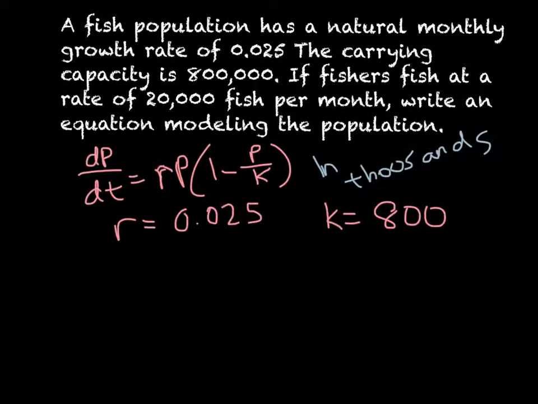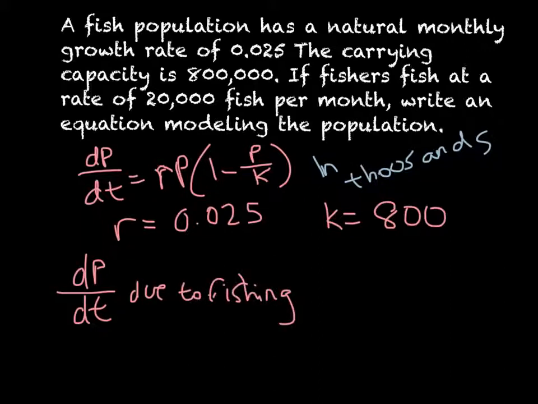Okay, so right now we have a model for how the population would grow without any external forces such as the fishers. If we were to factor in the fishers, so I'm going to write dp dt due to the fishing, that would equal negative 20, because the rate of decrease of the population would be 20 per month.